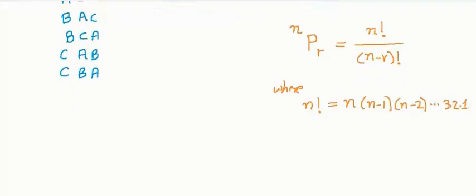For example, 4 factorial means 4 times 3 times 2 times 1. So 24. So 4 factorial is 24.